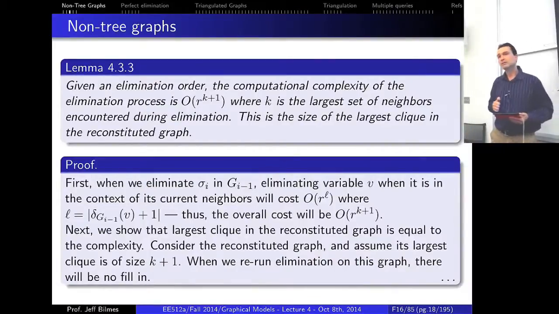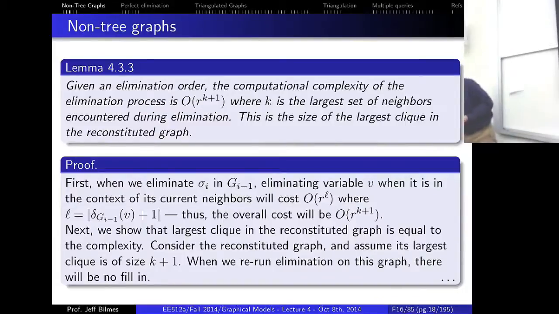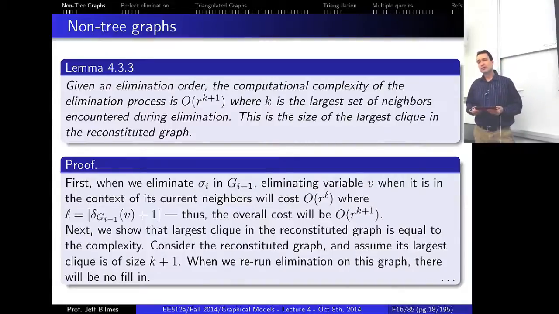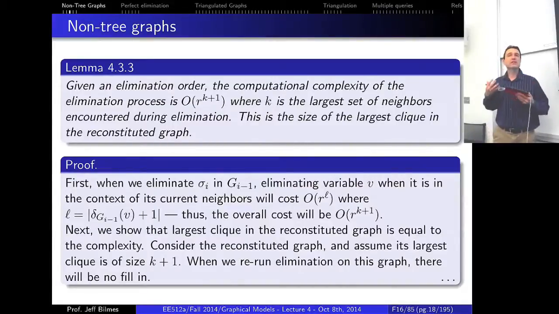So if we are trying to infer a distribution for, say, a couple of nodes in any graph, will the distribution which we would have got from the original graph and the one which we get from the reconstituted graph be the same? So remember, we're only really talking about families here. We're not talking about a distribution. The idea of a graphical model is to be working with families of probability distributions.